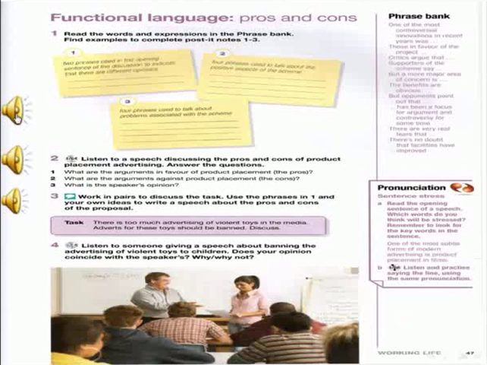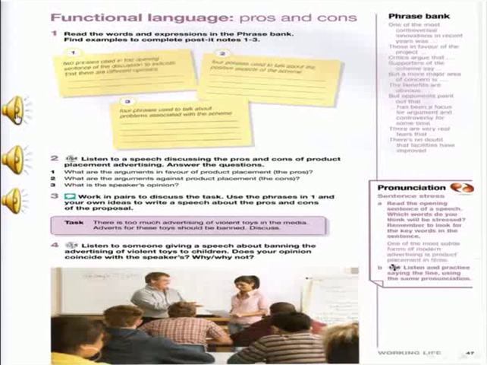Unit 7. Functional Language. Exercise 2. One of the most subtle forms of advertising is product placement in films. This is where filmmakers include close-ups of a sponsor's products in the films they make. Supporters of product placement argue that in our normal life we are surrounded by commercial products, so there shouldn't be any problem with seeing these on the big screen.